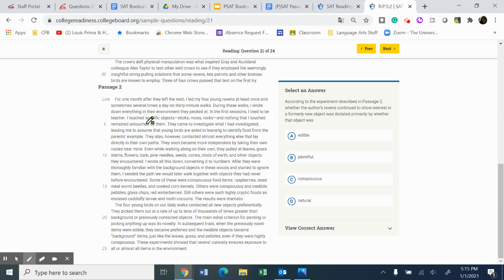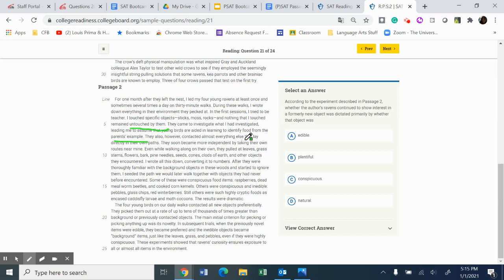I touched specific objects, sticks, moss, rocks, and nothing that I touched remained untouched by them. That's interesting. So he's touching things, and when he touches it, they touch it too. They came to investigate what I had investigated, leading me to assume that young birds are aided in learning to identify food from their parents' examples. Oh okay, so he's the raven dad, and they are his babies, and they are copying him.